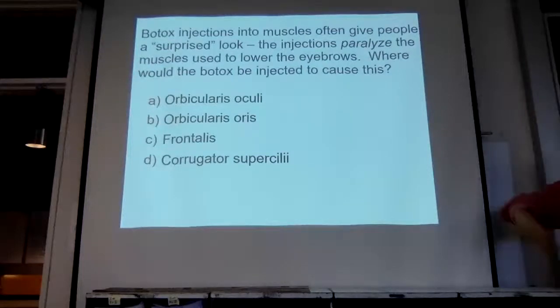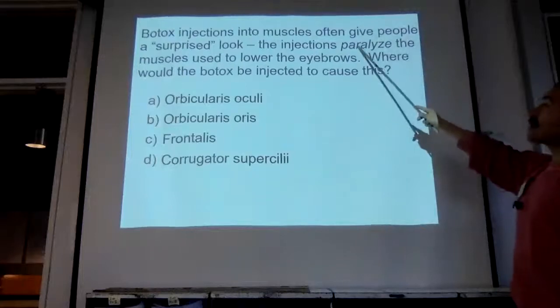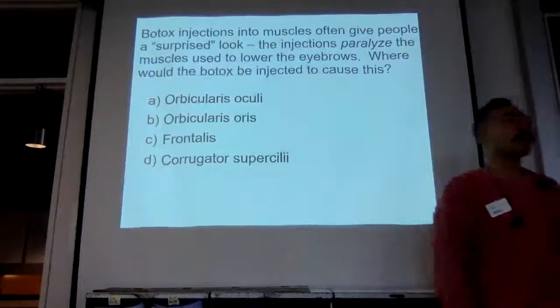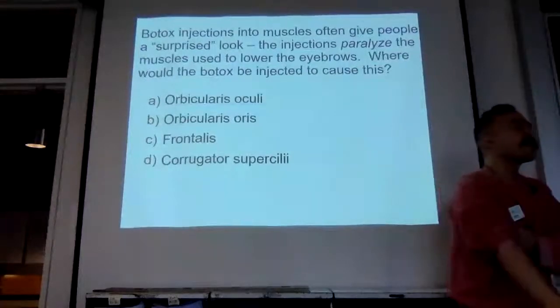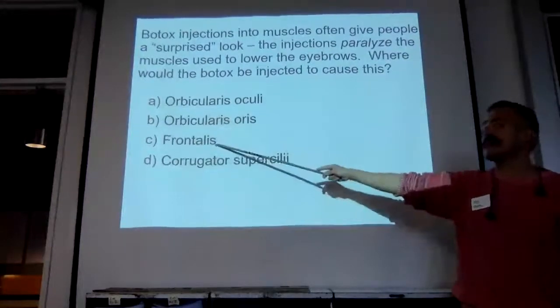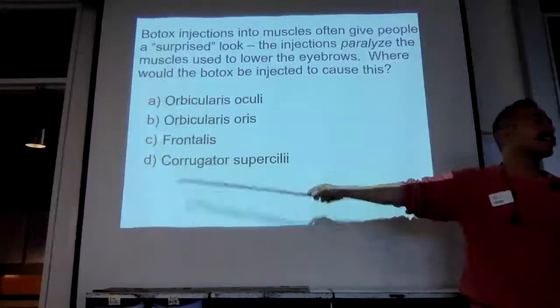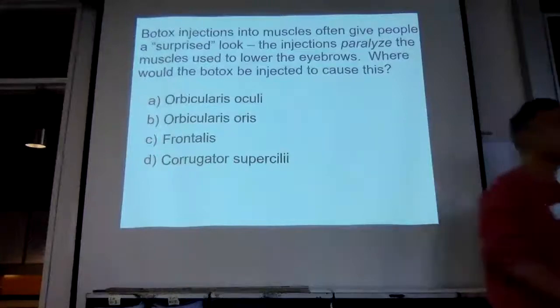Okay. So we're paralyzing a muscle that normally lowers the eyebrows. Which muscle raises the eyebrows? The frontalis raises the eyebrows. So which one is opposing it? Corrugators.